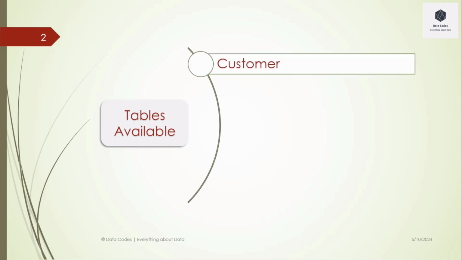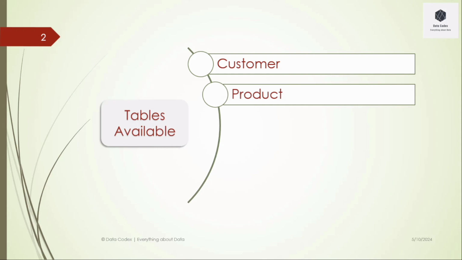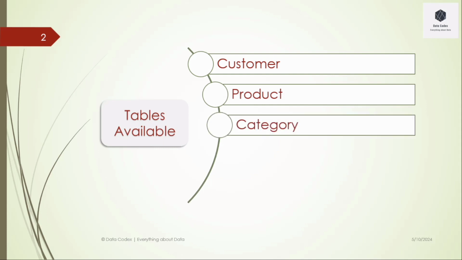Let me quickly explain all the tables available so we can solve all the queries based on these 5 tables. First we have a customer table, which contains all the customer information, and a product table, which contains the product information, and we have a category table. These products are grouped into certain categories and those categories are mapped in a table.